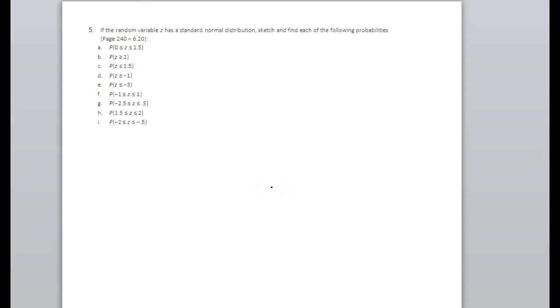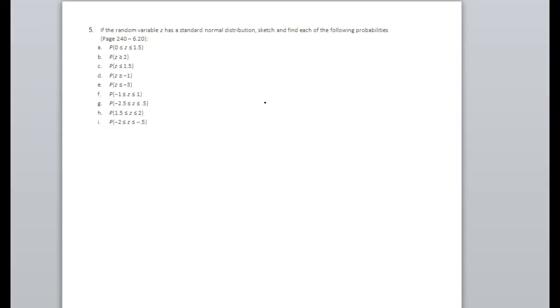So this part, number 5, is not about calculating z's. This is assuming that we know z values, or we're given z values. This is about using those z values.